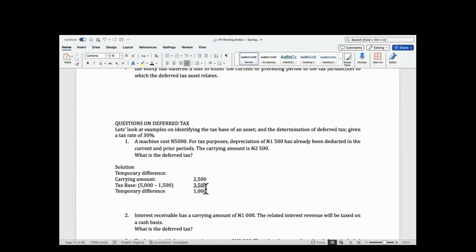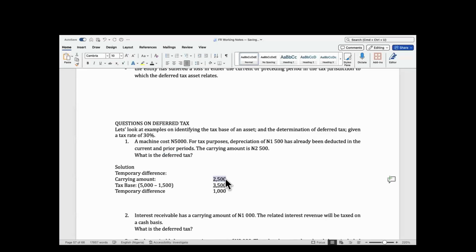Now, will this temporary difference be a taxable temporary difference or a deductible temporary difference? Because that is how we're going to know whether it will be a deferred tax asset or liability. And don't forget, when we say taxable temporary difference, it means a difference that would mean I will pay additional tax. When we say deductible temporary difference, it means I will have a deduction in the future. So am I going to be paying additional tax or will I have a deduction?